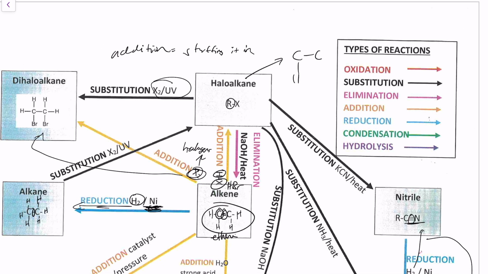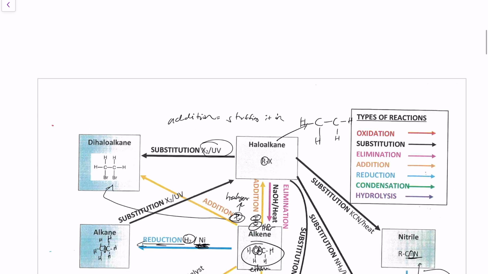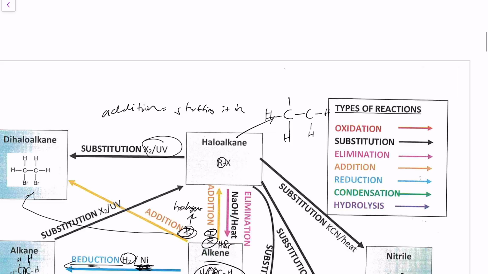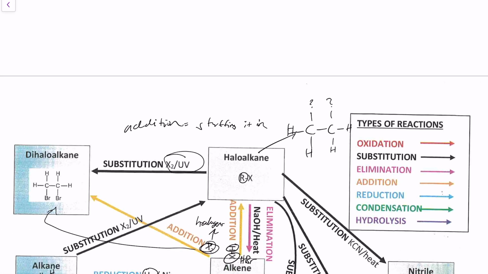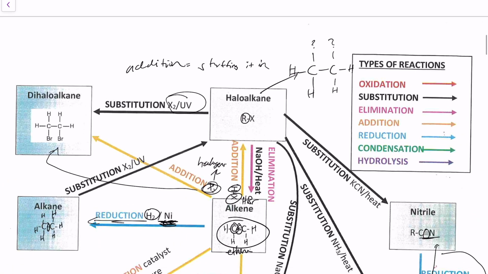We haven't changed anything with the carbons or the current hydrogen bonds, but because we broke that double bond, we need extra bonds for these carbons. Those question marks are asking what we add for that reaction. We added a hydrogen and our X, which in this case would be bromine. And so that would be our haloalkane.